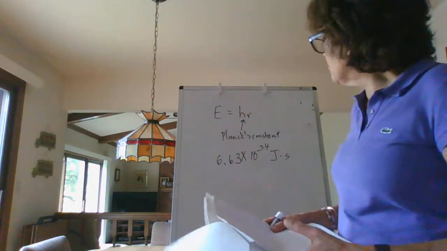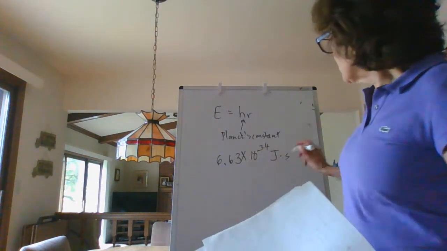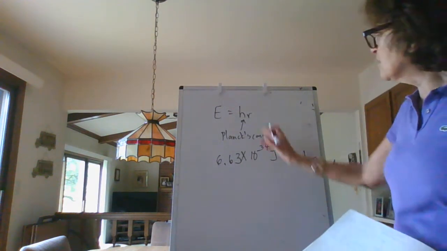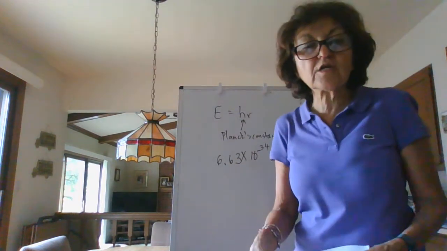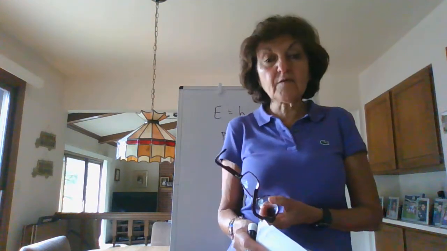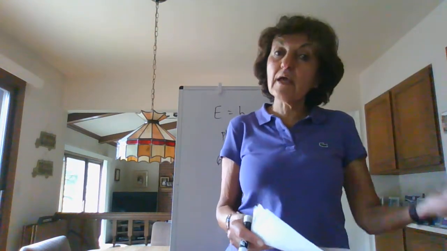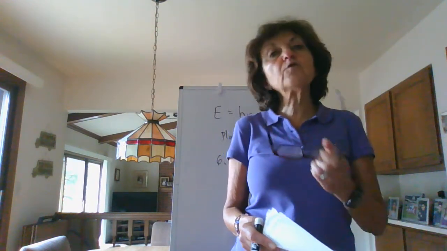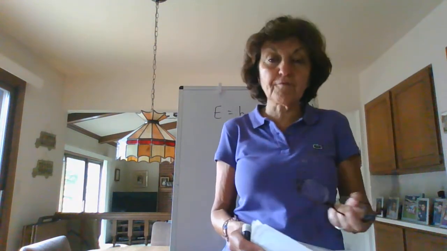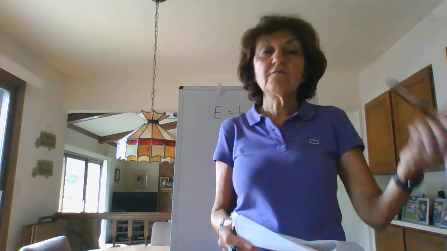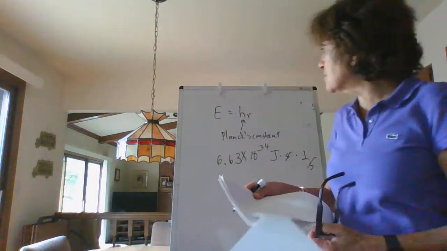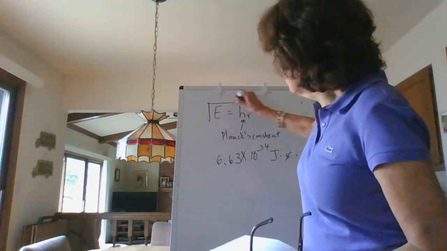So Planck's constant, and then if you multiply it by 1 over second, which is the frequency, you end up with joules, which is energy. So with this equation, if you know the frequency of a wave, you can figure out the energy of that wave. If you know the wavelength of the wave, you can convert wavelength to frequency and then figure out the energy of the wave.